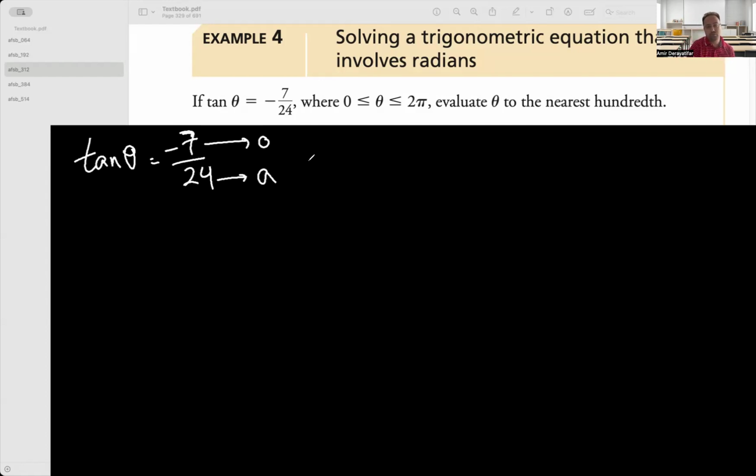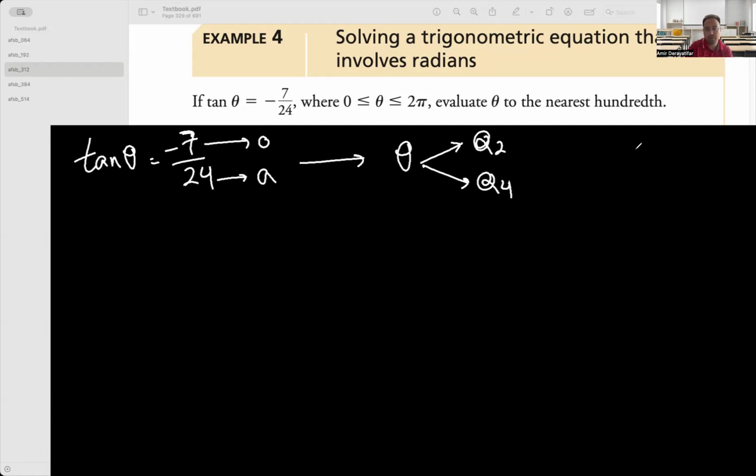According to the CAST rule, tan is positive in quadrant 1 and 3. So that means theta should be in quadrant 2 or quadrant 4 since it's negative here. One more time: tan theta is always positive in quadrant 1 and 3, so since it's negative here, that should be quadrant 2 and quadrant 4.